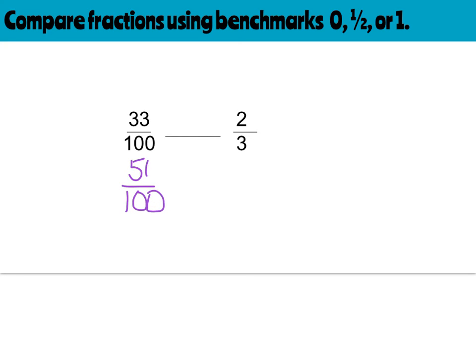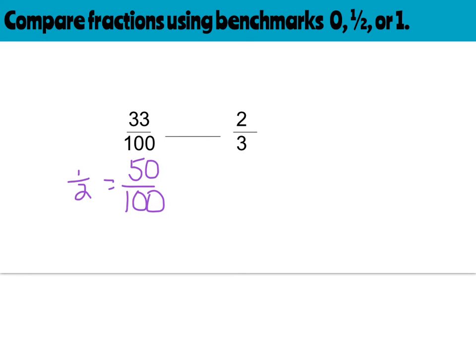That would be 50. So 50 hundredths is the same as 1/2. And I could set up my multiplication sentence, and when I multiply 2 by 50, I get 100. When I multiply 1 by 50, I get 50. So 33 hundredths, I know, is less than 1/2.